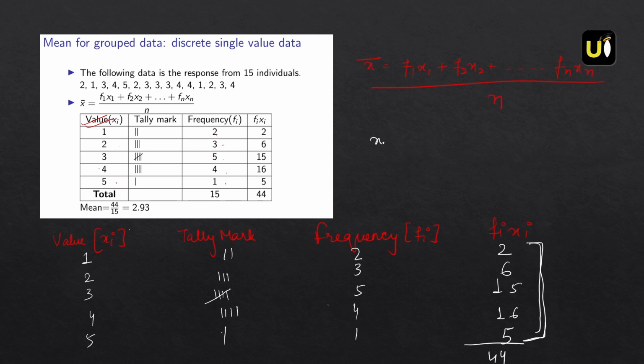So here the mean is the sum from i equals 1 to n of xi upon n.